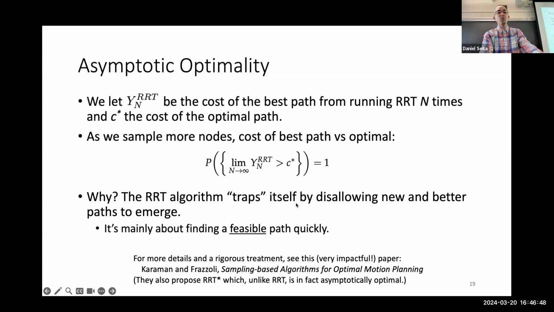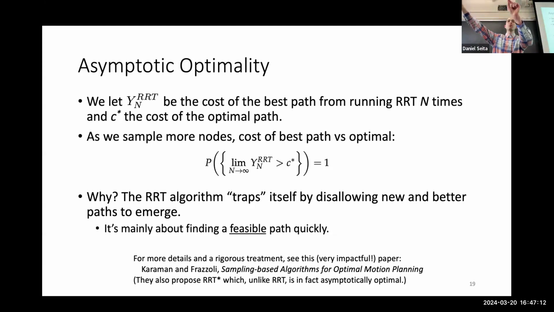The intuition is that with the tree expansion, the algorithm ends up trapping itself by disallowing new paths to emerge, unless you do things like post-processing, in which case that's a different story. But the vanilla version of RRT is going to trap itself.